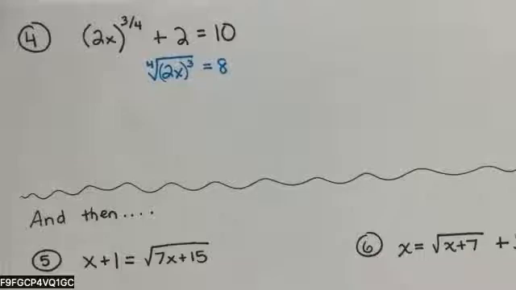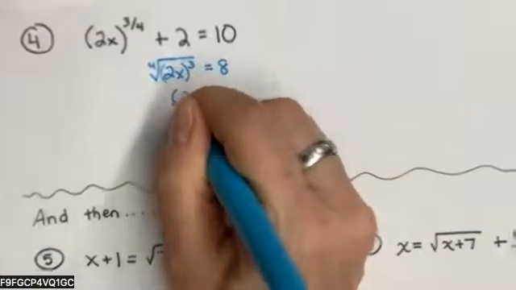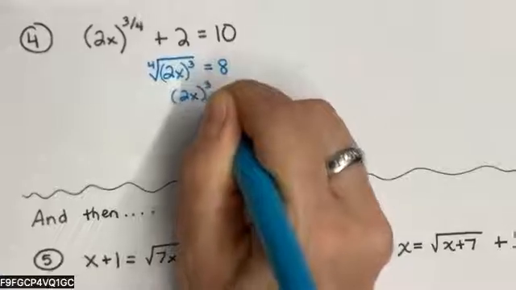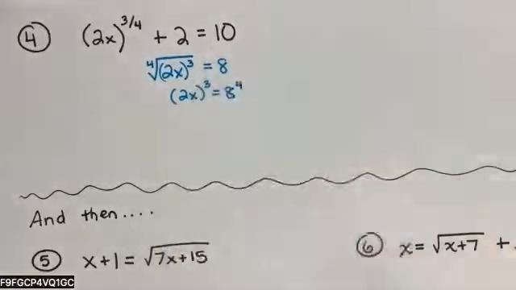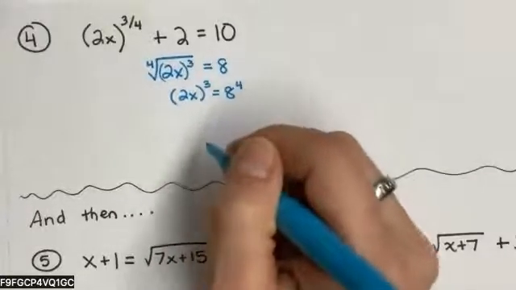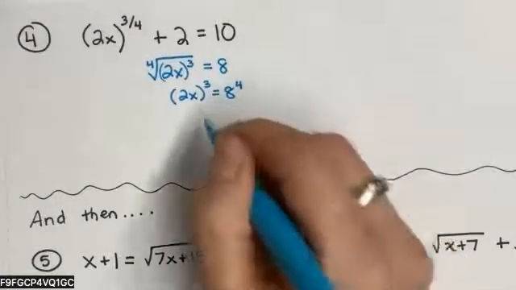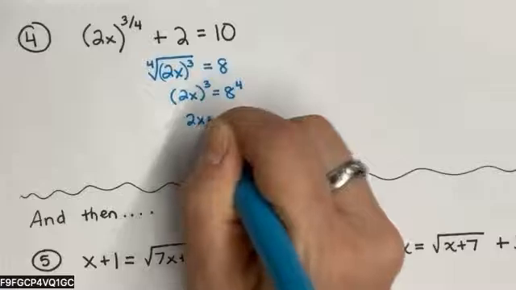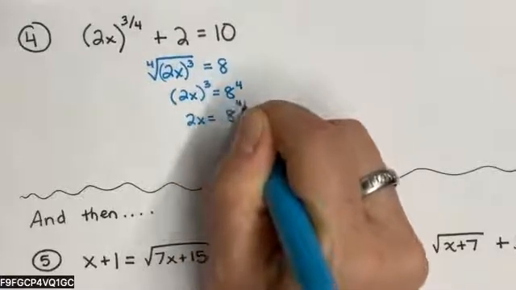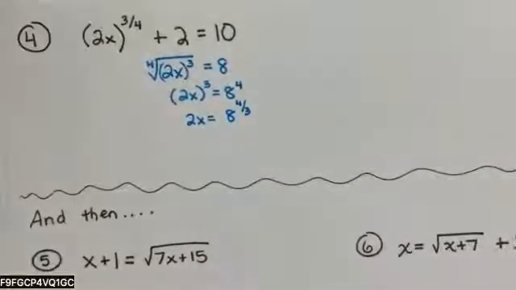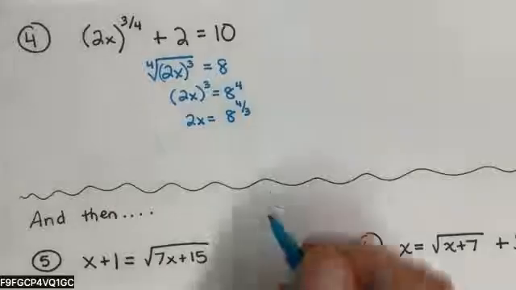Now, if I want to get rid of that 4th root, I would need to do the 4th power. And if I want to get rid of that cube, I would need to do a cube root or a 1/3 power. So now I need to go and do this math.